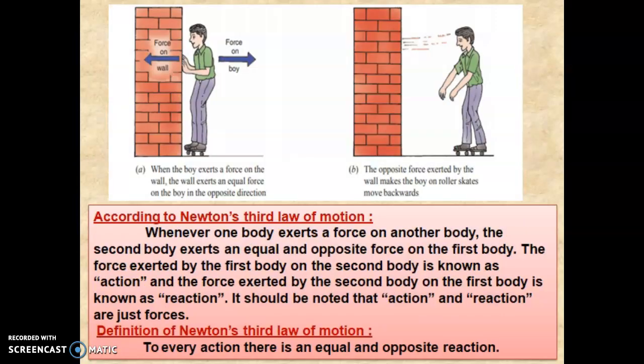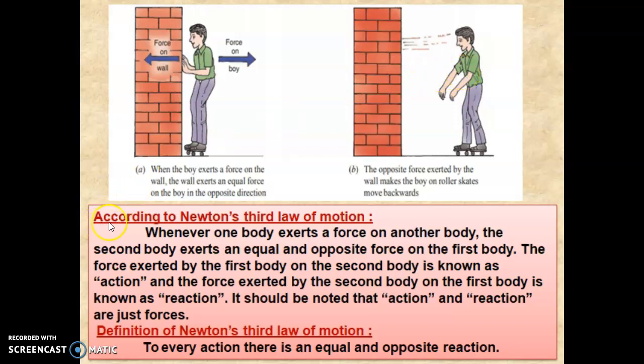You can see the example here: the boy is pushing the wall in this direction, and the wall also exerts a force on the boy in the opposite direction. The opposite force exerted by the wall makes the boy on the roller skates move backward.